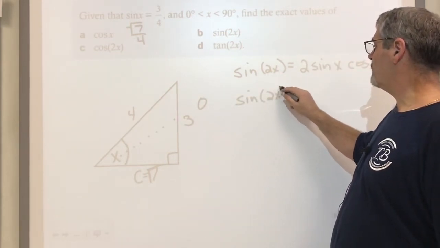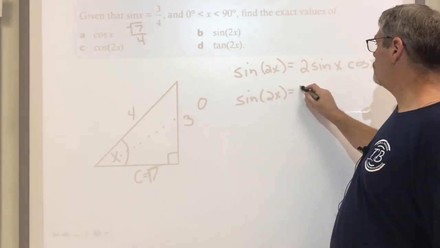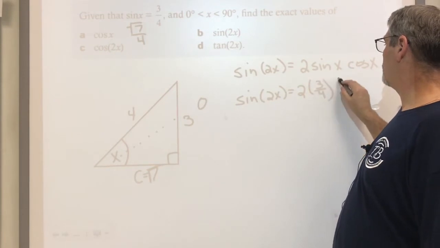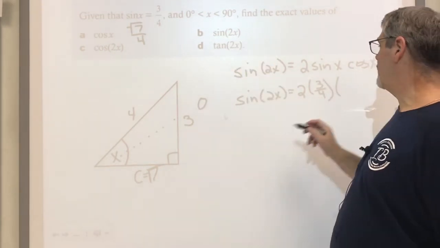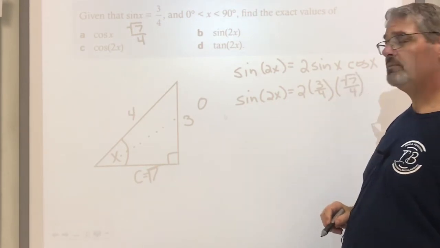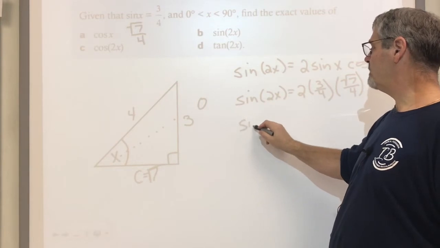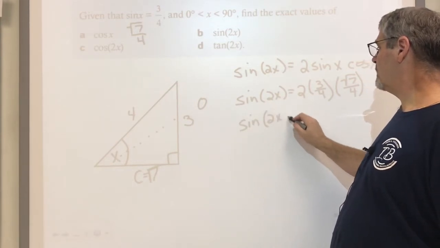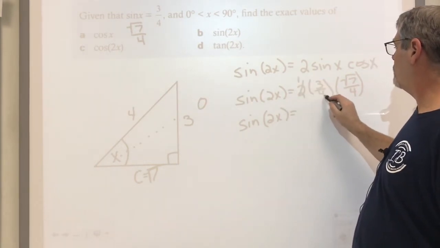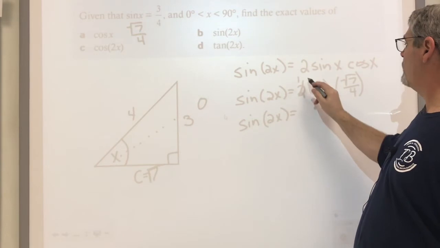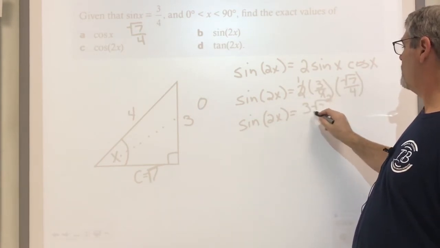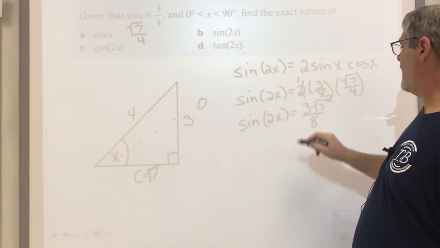Sine of 2x is equal to 2. The sine of x is 3 over 4. And the cosine of x, which we just figured out, square root of 7 over 4. When you multiply this out, 2 goes into 4, and you're going to get 3 square root of 7 over 8.